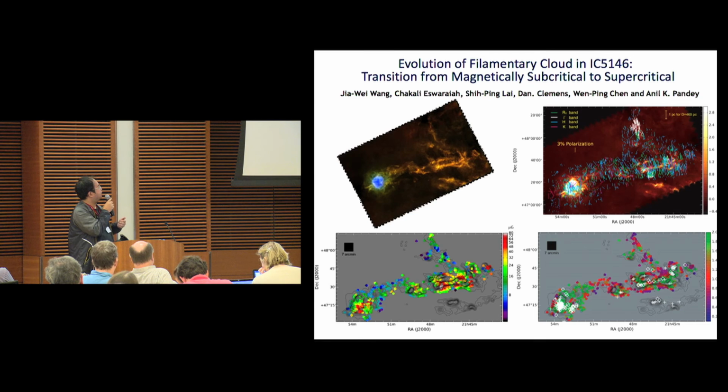So we can obtain a map of magnetic strength as well as the mass-to-flux ratio. The results show that in this cloud, the cloud is changing from subcritical in the diffuse region to supercritical in the dense regions. For more analysis, please come read my poster. Thank you.